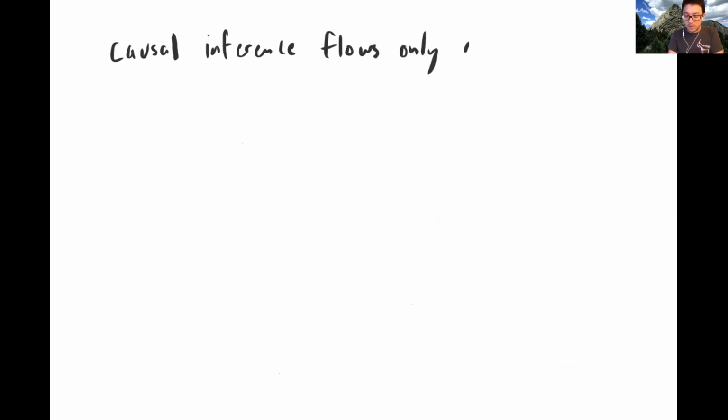So hopefully you've seen from the previous example, or the first example, that one of the nice things we can take advantage of is that causal inference flows only one direction.